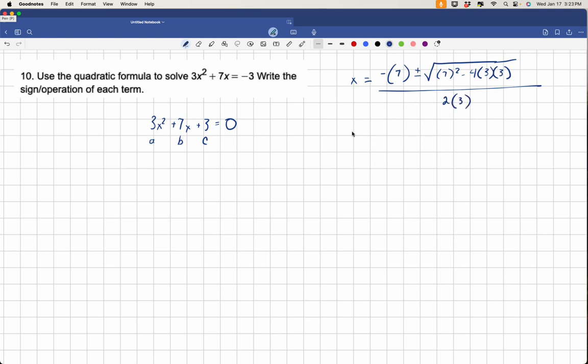Okay. All right, that is -12 times 3 would be -36 over 6. So x is equal to -7 plus or minus 13 over 6. So it's a positive 13.